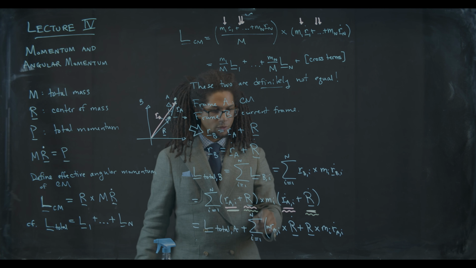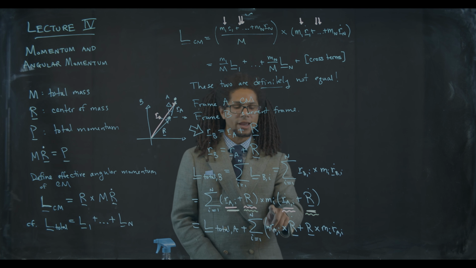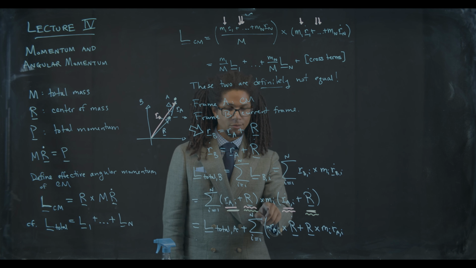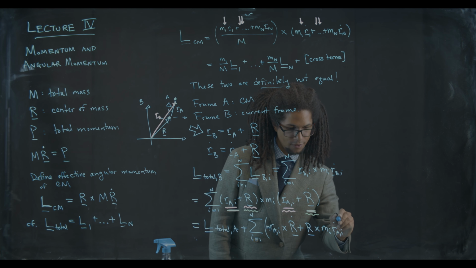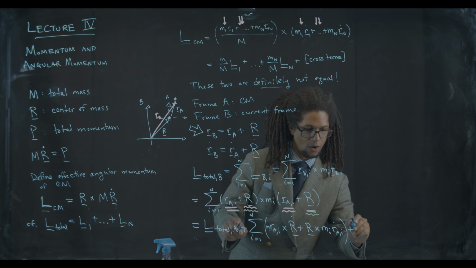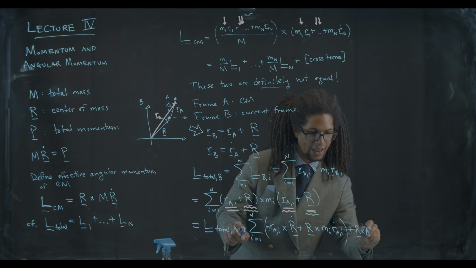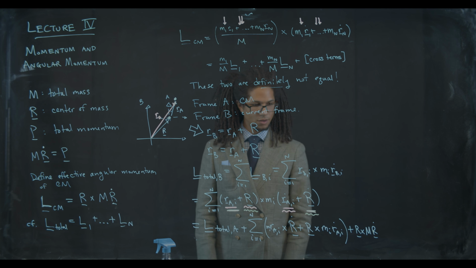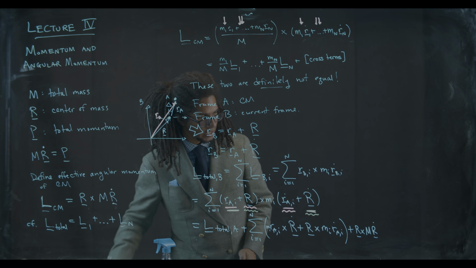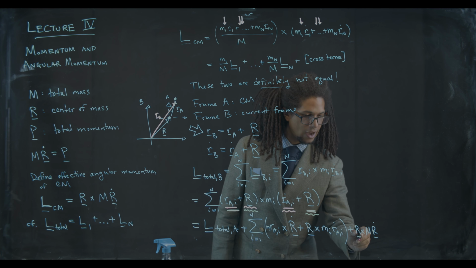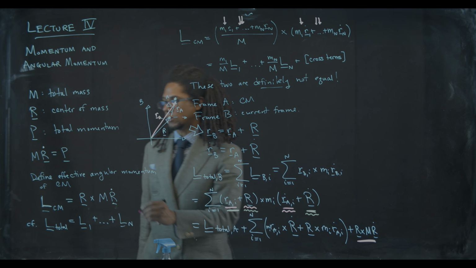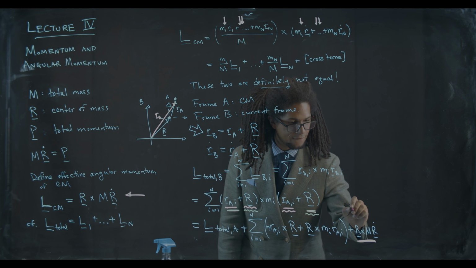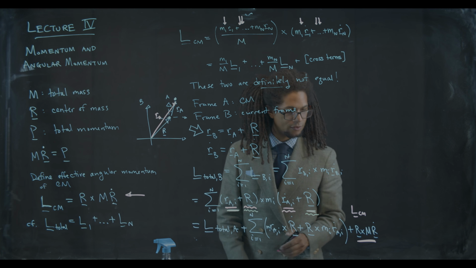The only thing that depends on the sum here is m_i, but actually, this can just be summed over to give us capital M. So then, plus R cross M R dot. Great. Now, I want to take a look at this last term, because this is exactly that object that we were hoping would be useful. This one here, L_CM, the effective angular momentum of the center of mass.